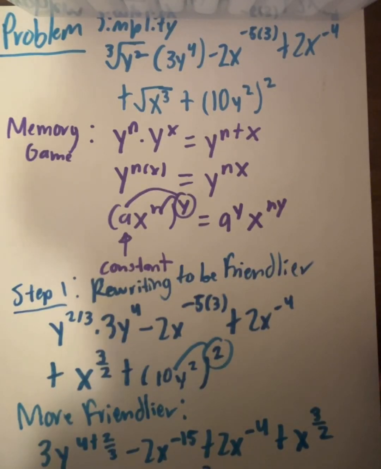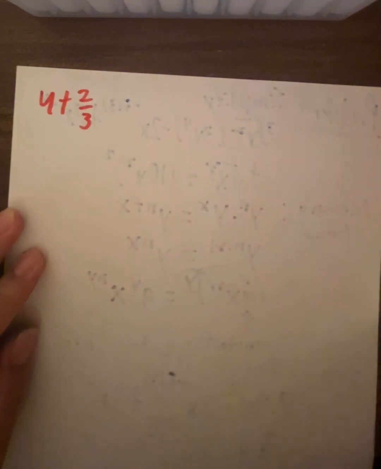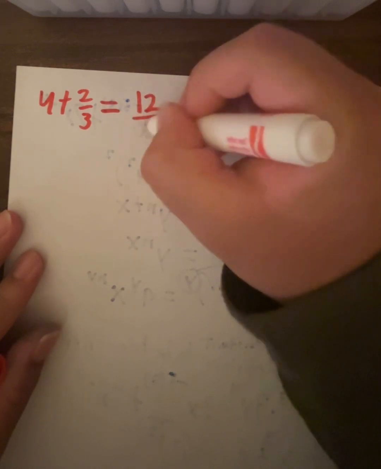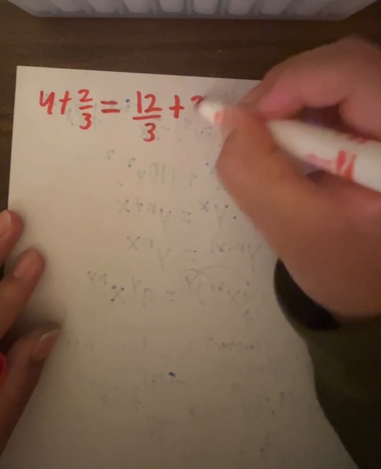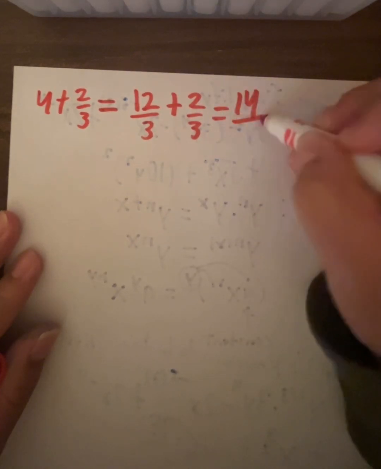So what will we do next? What I'll do first is just check what 4 plus 2/3 is. Well, 4 can be rewritten as 12/3 plus our original 2/3. And so we'll get stuck with 14/3.